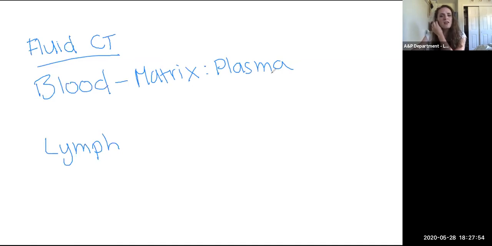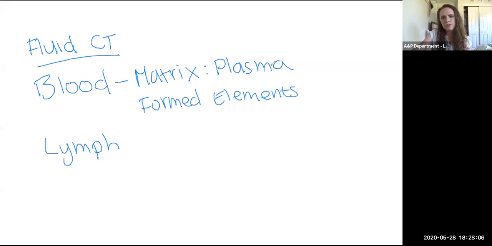The cells found inside this matrix are known as formed elements. You have 3 formed elements. You have red blood cells, white blood cells, and platelets.